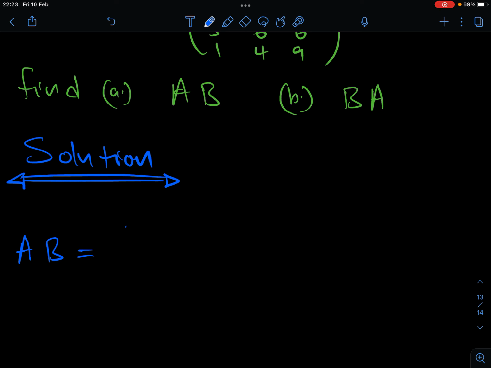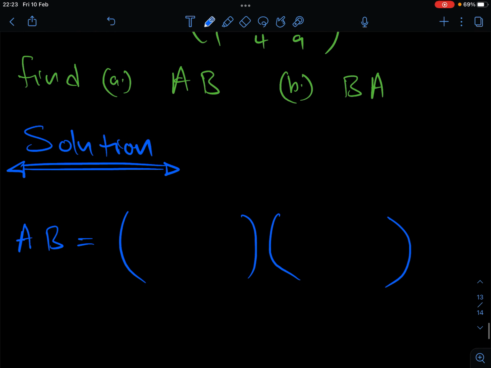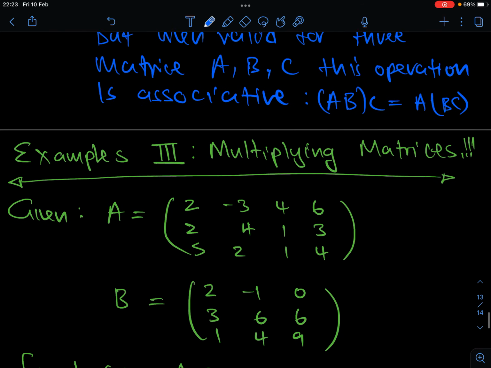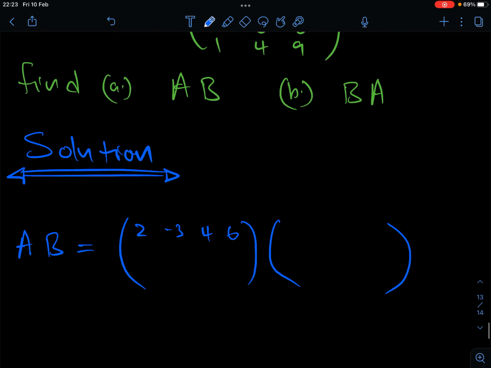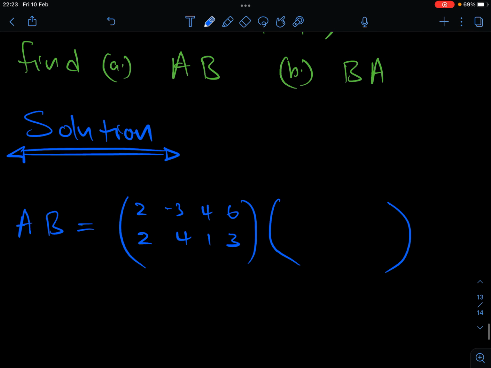What we do is write the two matrices next to each other that we are trying to multiply. Matrix A is 2, minus 3, 4, 6, 2, 4, 1, 3, 5, 2, 1, 4.